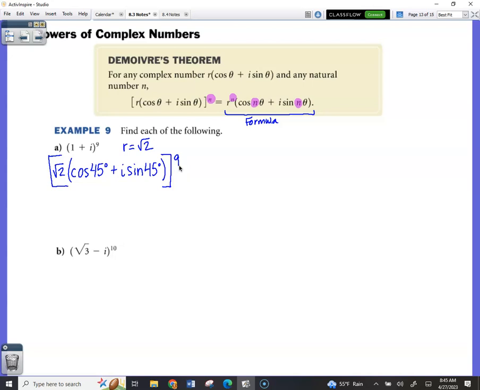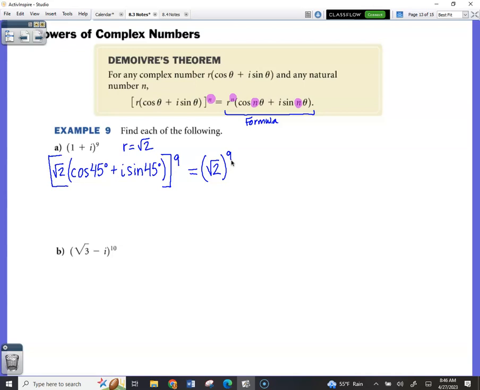And then now I'm going to apply the formula. So the formula says, once you have it in trig form to a power, it's going to be r, which in my case is root 2, to that power, right? Parentheses, and you don't have to put the parentheses around the root.